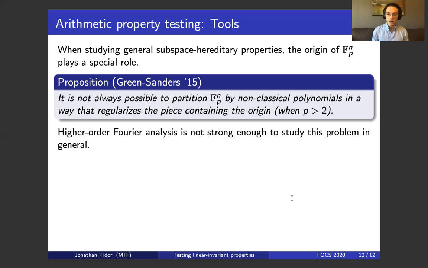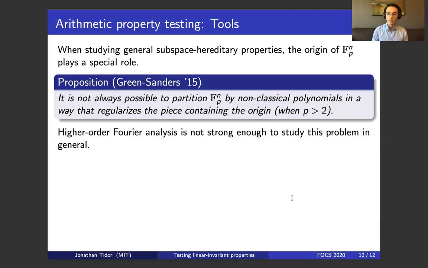And this is a serious problem if you want to study a general subspace hereditary property, since, as I just said, the origin plays a special role, and you can't just ignore it when you can't regularize it. So the way previous works got around this restriction was they restricted their attention to translation invariant properties.